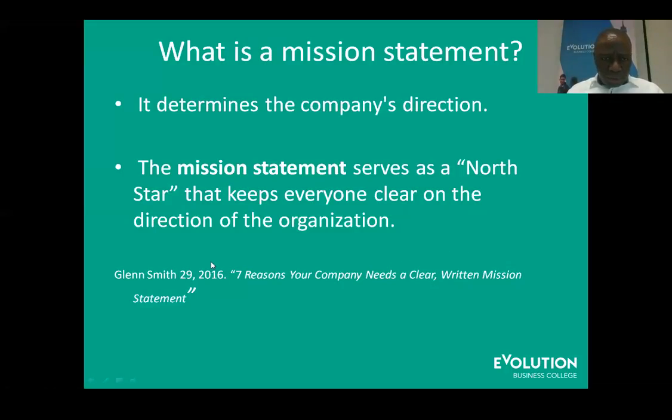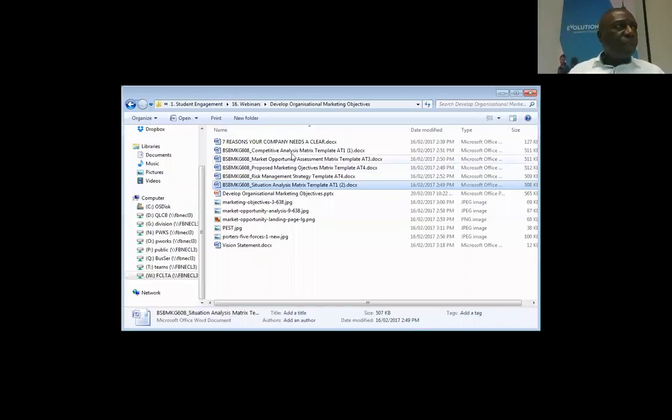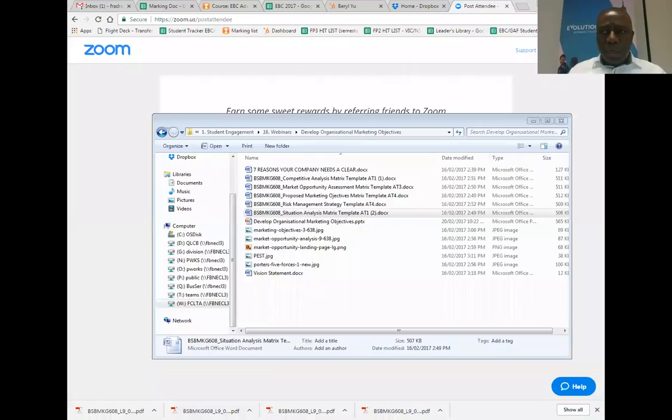Which one could this be? This could be that. Let's try that. Do we get that? No. Okay, let's try another. Another new share of the document. Not that one.